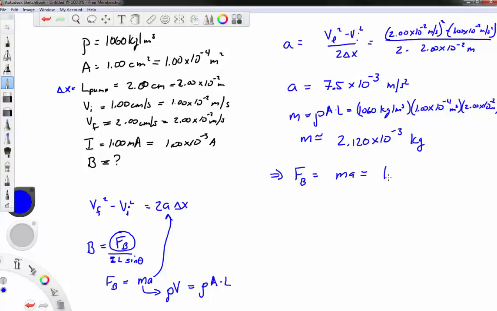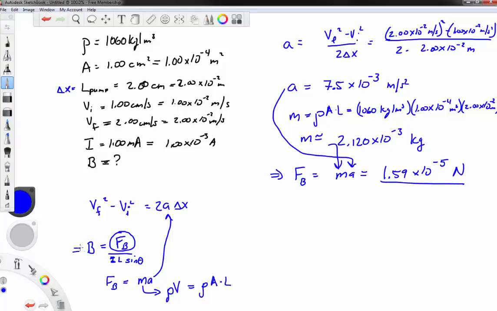What we get for that is about 1.59 times 10 to the minus 5 newtons. So we use this and we use this, and so we get this.